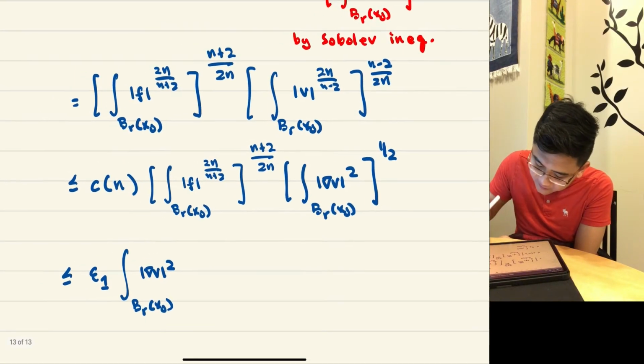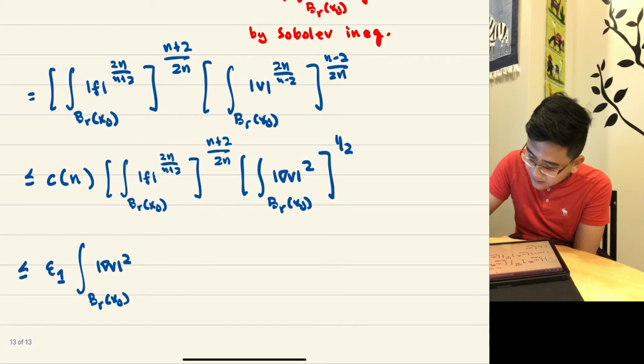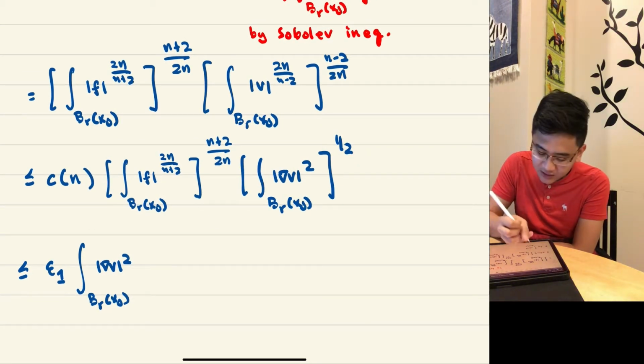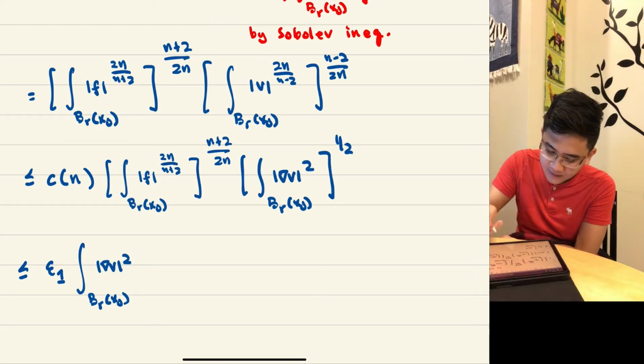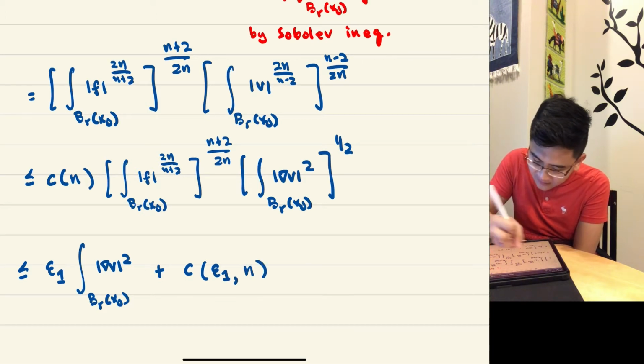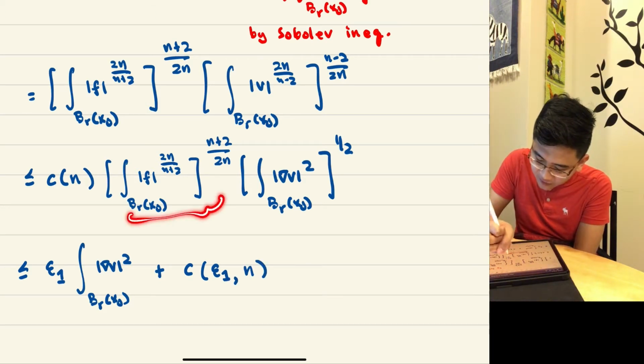Note that this term is raised to 1/2, and then you square it by Cauchy's inequality, so the 1/2 disappears. And then you have a constant dependent on epsilon 1 and n times this term squared.